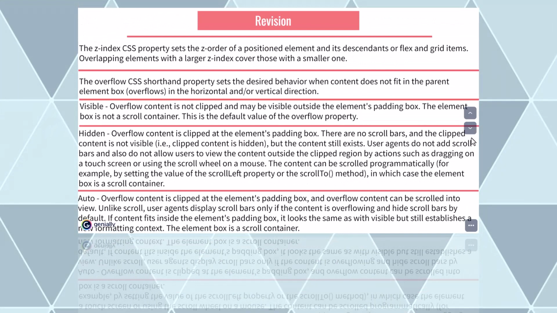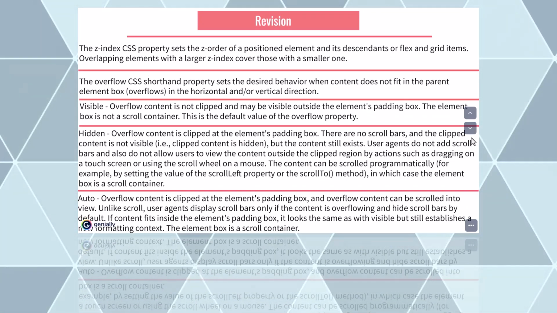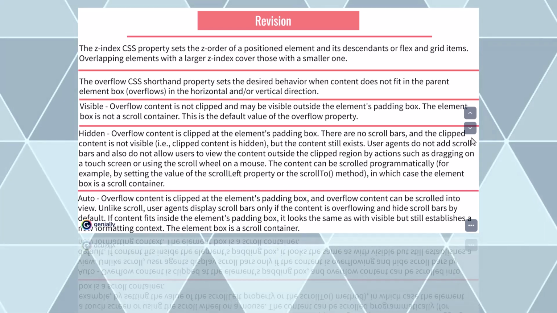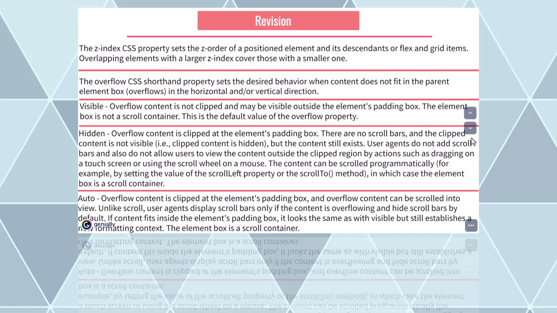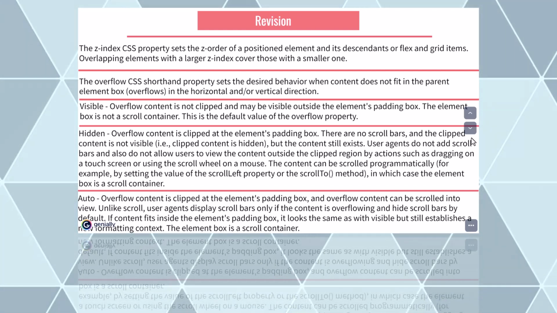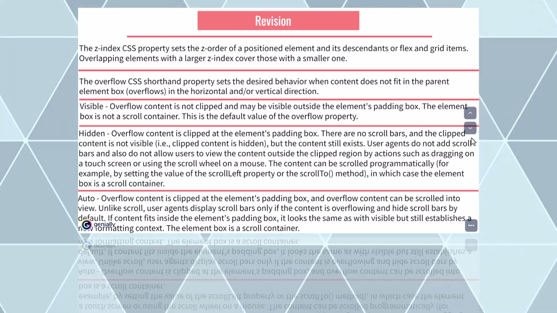The first one. The z-index property sets the z-order of a positioned element and its descendants or of flex and grid items. Overlapping elements with a larger z-index cover those with a smaller one. Thank you, sister.